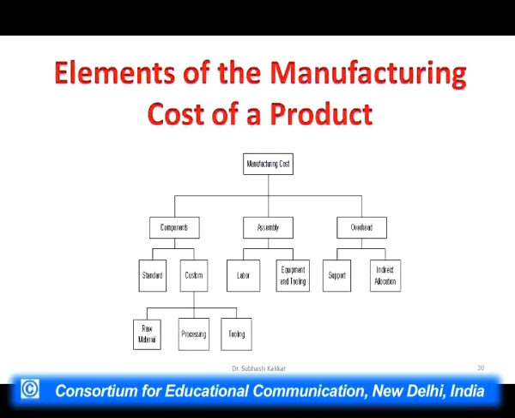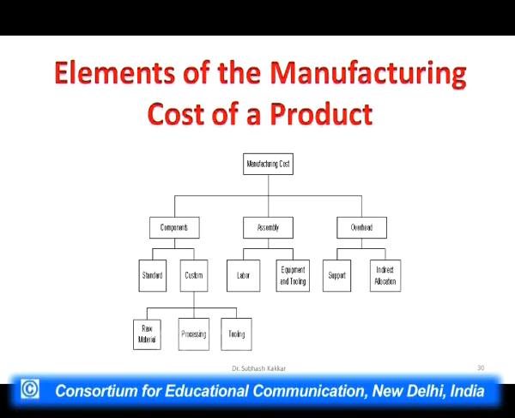And there are elements of the manufacturing cost of a product. What are these elements? Start with the manufacturing cost under three headings: components, assembly, and the overhead. Under the components, standard components and the custom built components. Under the custom made components, we have given raw material and the processing and the tooling, and this is the component part.